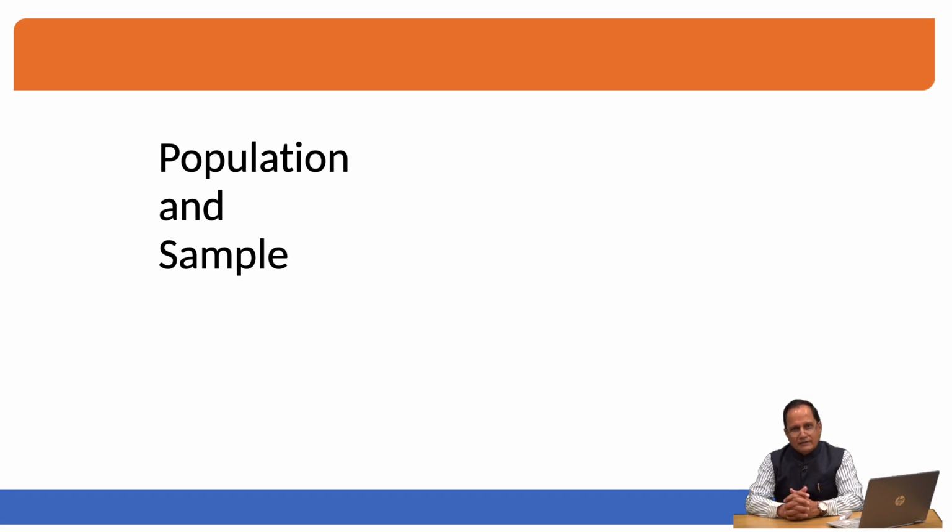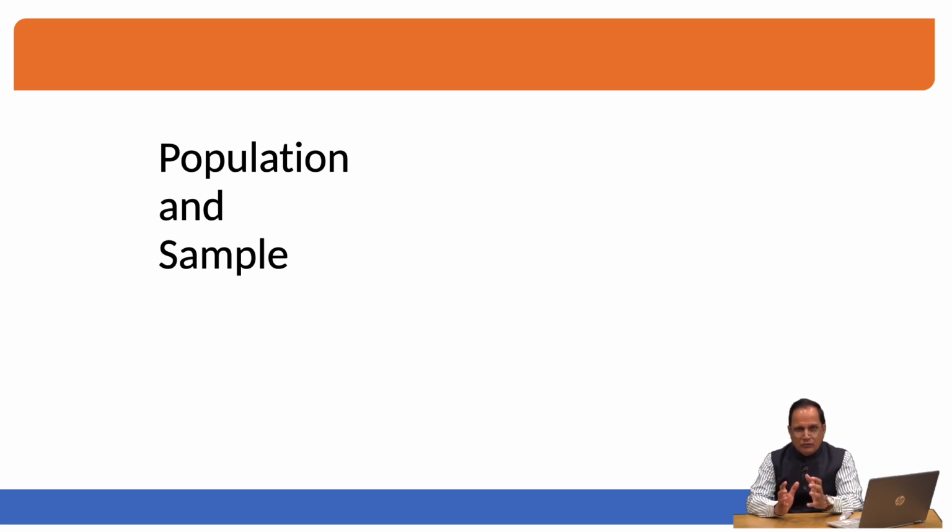So, in that the target population is the girls, but it is very difficult to take the whole lot of the population in our sample. So, depending upon the size, type and nature of the research, we will specify the population.